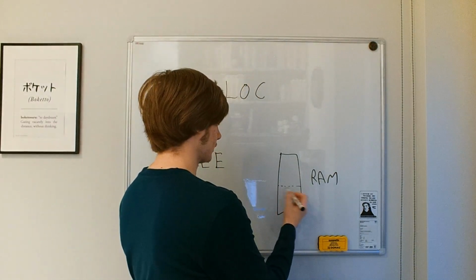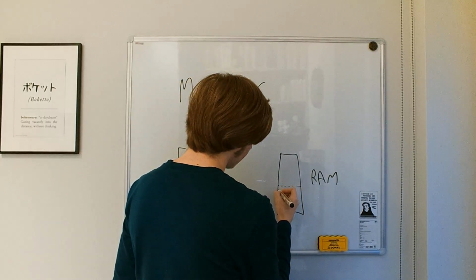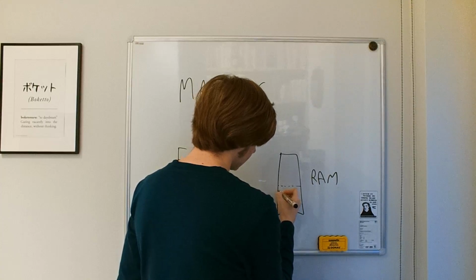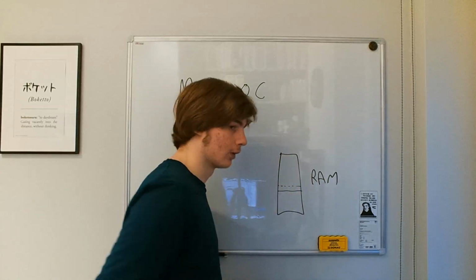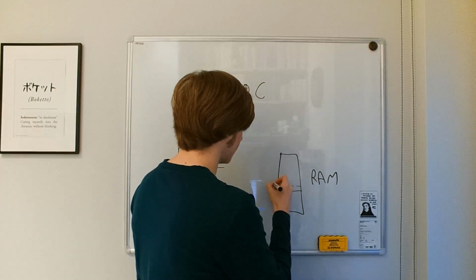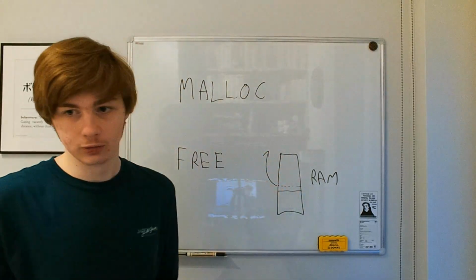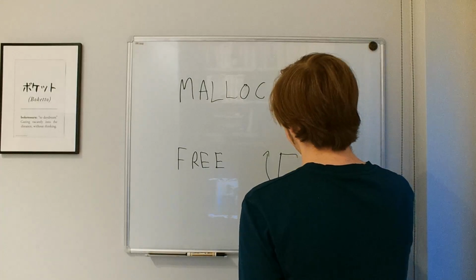And it finds some values here that are free, and what it does is it knows that this is now allocated to a given process, and it gives back the base address of where it has found those 3 bytes.